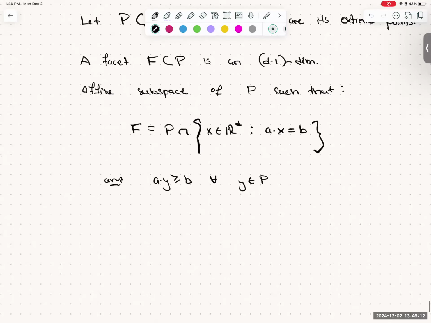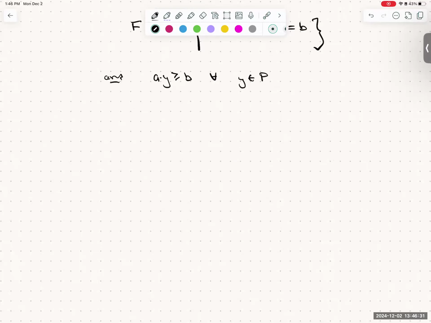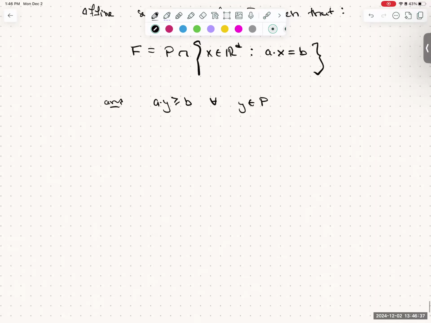Okay, so this is how you would have a face. This is just the intersection of a hyperplane with the polytope, and you can consider what I have here in the brackets to be the facet. It's kind of interesting that we don't actually use this picture very much in some of the stuff that we do.